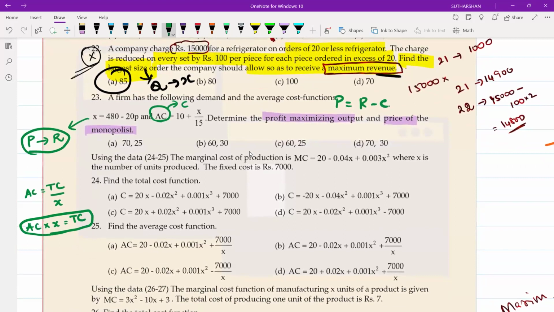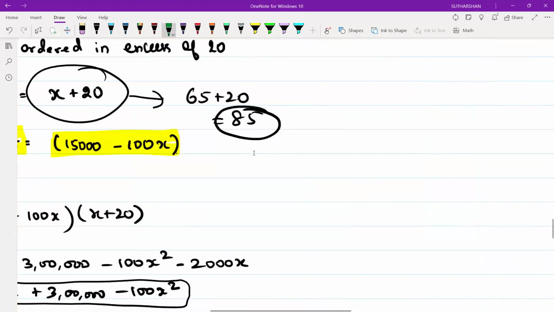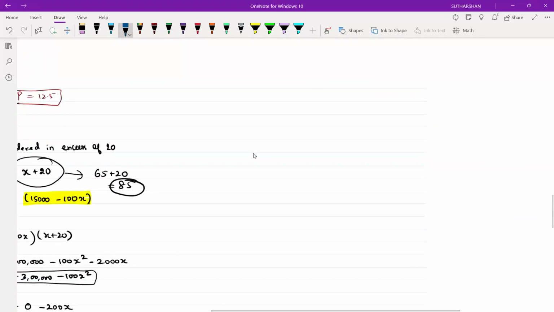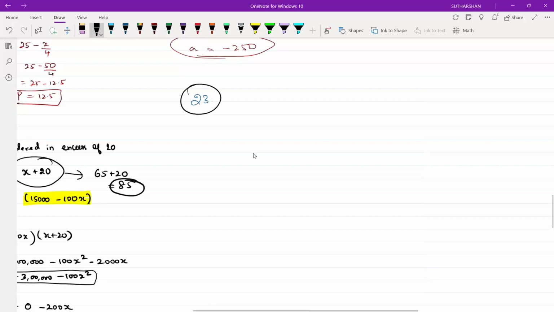Yes, sir. So I will go to the next part. What X value have they given? X is 480 minus 20p. From that, I need to make it in terms of price. So 20p equals 480 minus x.